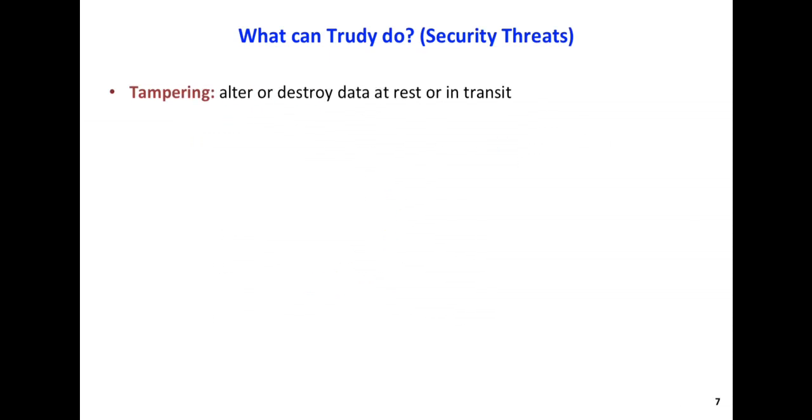So what all can Trudy do? We saw some of these things. Tampering was one, and I gave an example of tampering with data in patient devices. So Trudy could be some other organization trying to encash attacks on hospitals, for instance, for money.